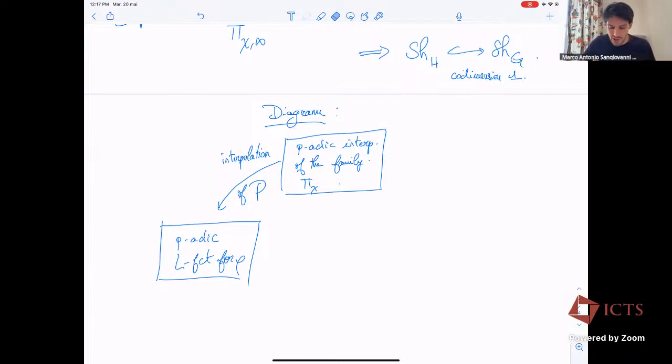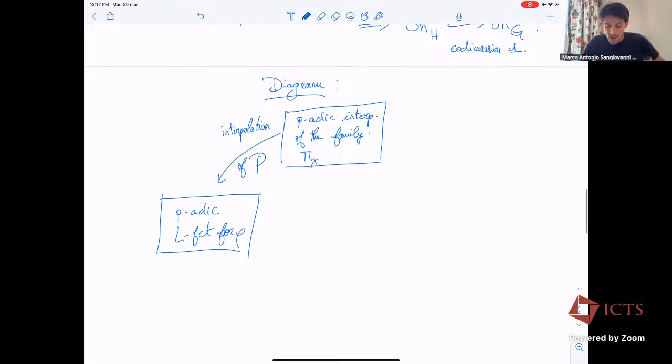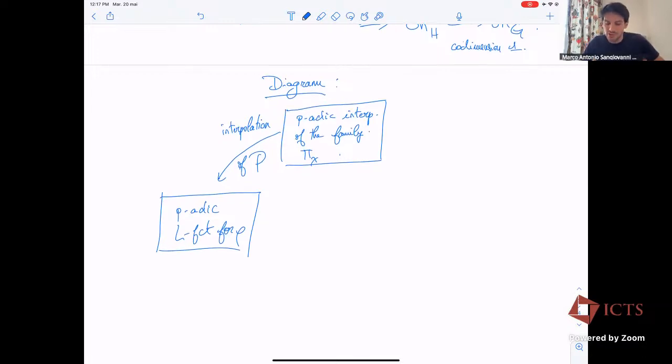That's what you're looking for in the literature for the construction of the p-adic L-function. And now you're hoping that the Euler system that you construct with our method would see this p-adic L-function in the explicit reciprocity law. Okay, so now you have this, and now you go in the other direction.